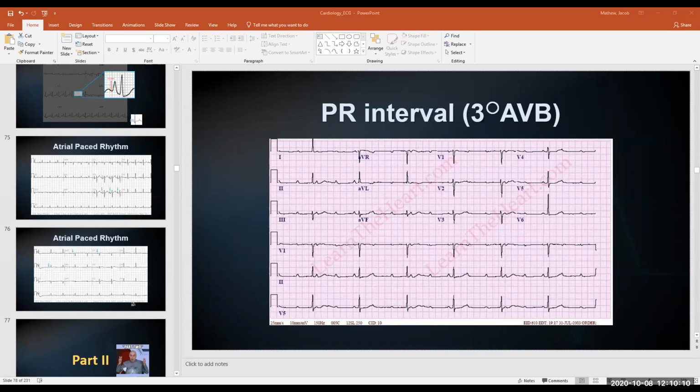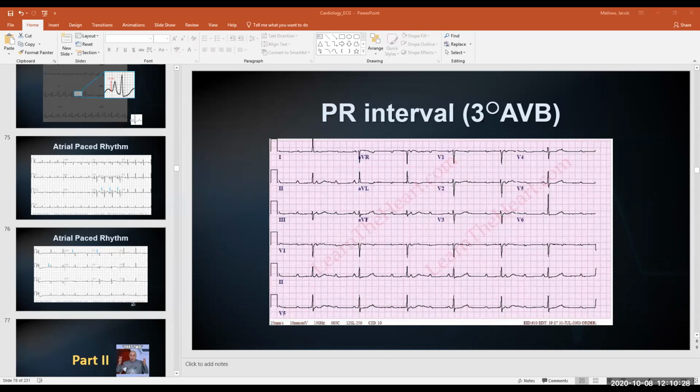So first, let's use the PR intervals to help us. So we have a PR interval here, we have a PR here, and already we can see this is not going to be consistent or at the same distance. So it can't be a first degree or second degree type 2. So we're dealing with either a second degree type 1 or a third degree.